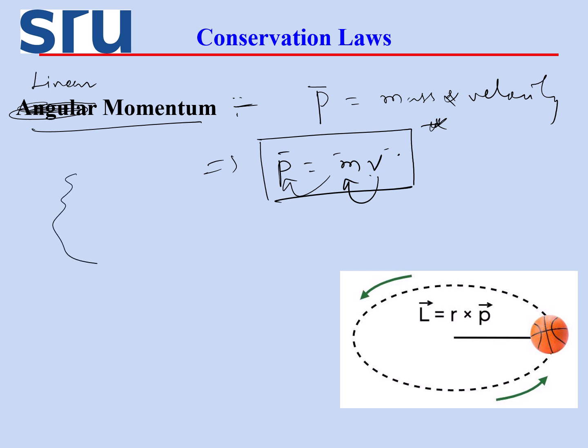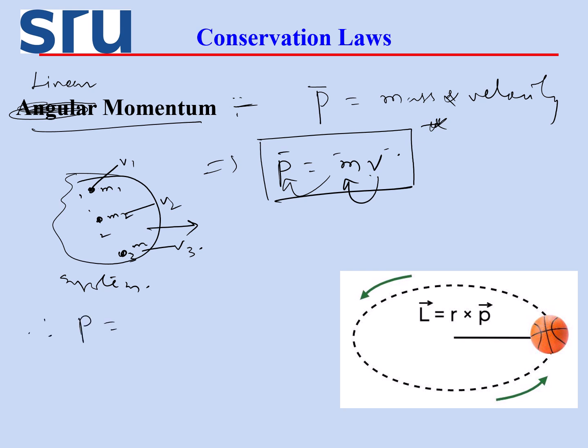For example, this is one system. The system consists of so many particles: particle 1, particle 2, particle 3. Its mass is m1, m2, m3. Now the system is moving with velocities v1, v2, v3. Therefore p equals m1 v1 plus m2 v2 plus m3 v3 and so on.